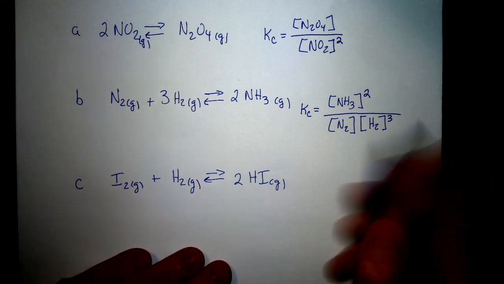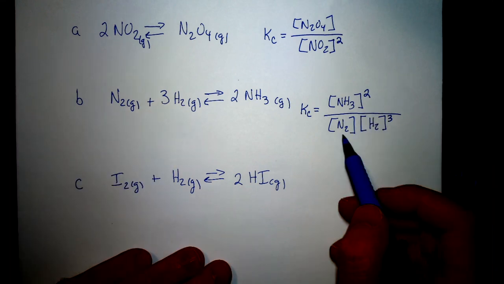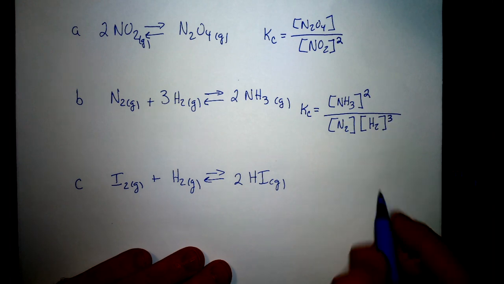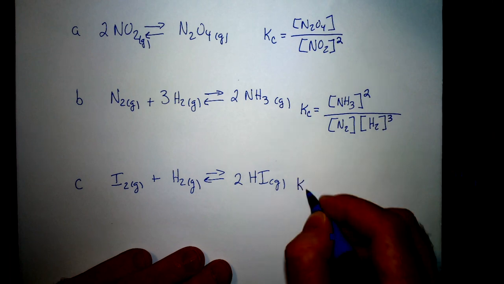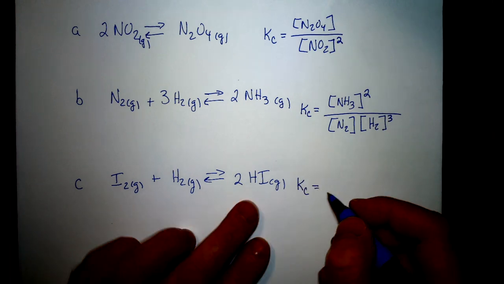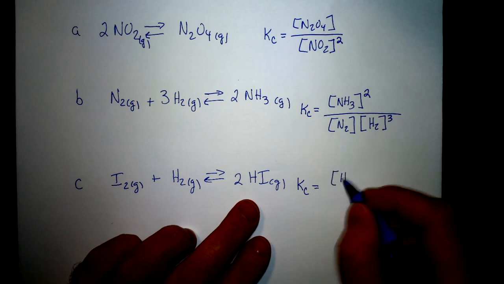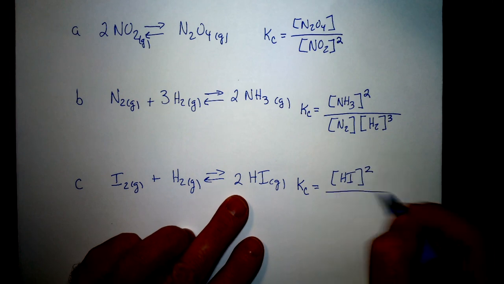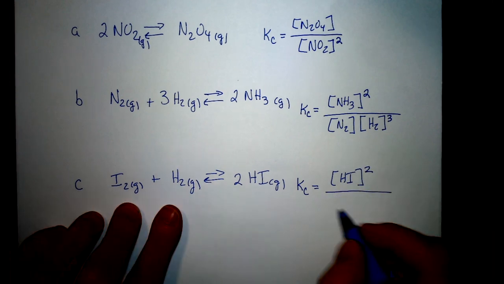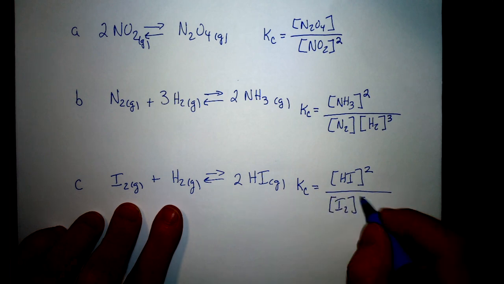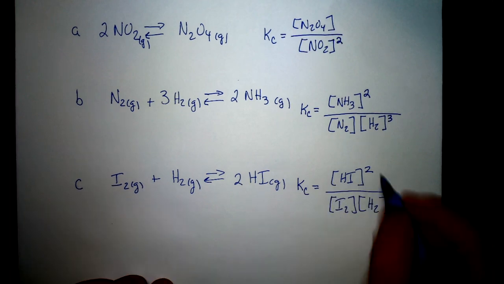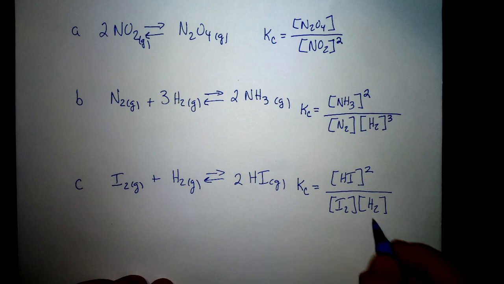And so NH3 squared divided by concentration N2, concentration H2 cubed. Lastly, we got HI, so HI is the product, 2 coefficient, so it's squared. And then both these reactants only have 1 for the coefficient, so no exponent, so we just write them in brackets. So Kc is HI squared divided by concentration I2 and H2.